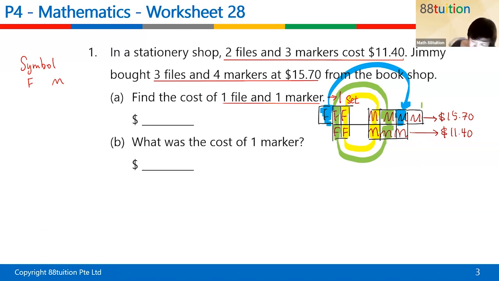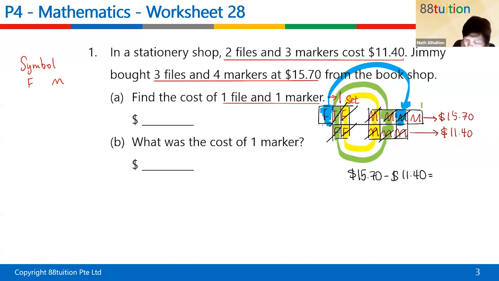Look here. I have 1F and 1F to strike off, 1F and 1F to strike off, 1M and 1M to strike off, this and this strike off, this and this strike off. So therefore, what I left with is 1F and 1M. So I can use $15.70 to minus away my $11.40.